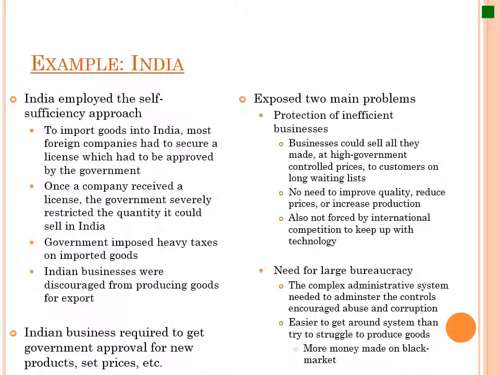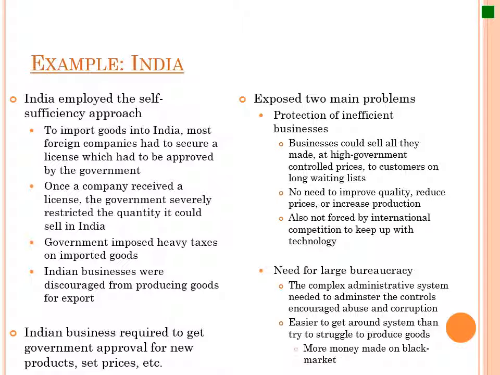Two, there was no need to improve quality because there was very little competition, so people were stuck buying one brand of a product. And because they did not have to keep up with competition, the technology was stagnant, so they weren't as innovative as they could have been if they were competing with international technology.